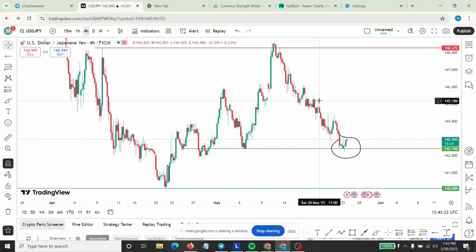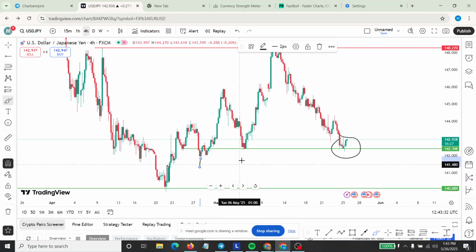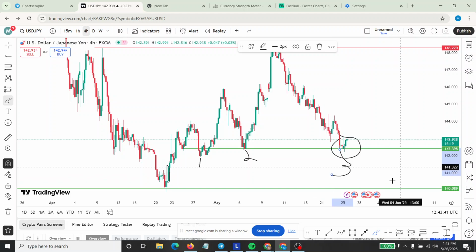Is this not the third touch? I'm seeing four dots. Yes, this is the third touch, because this is the first, the second that confirms this zone, and now the third at a minor support zone.